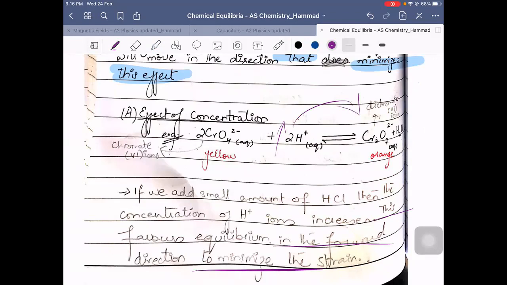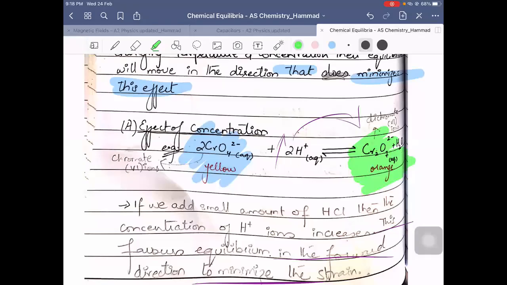After adding HCl, the solution was seen to be more orange. All I'm saying is, if I were to add a few drops of acid in the form of HCl into this equation, don't you think the concentration of the reactant side increased?